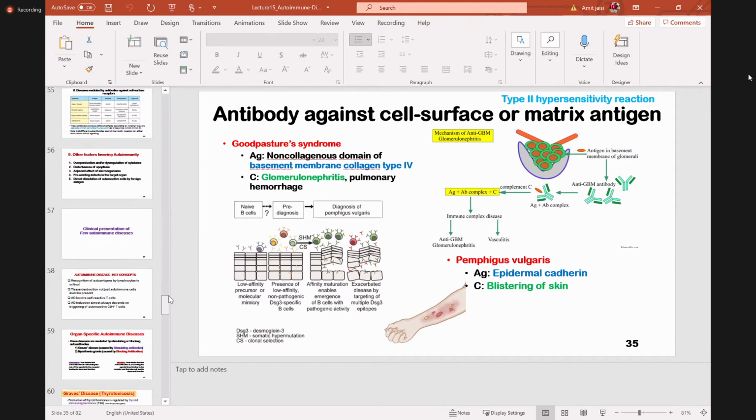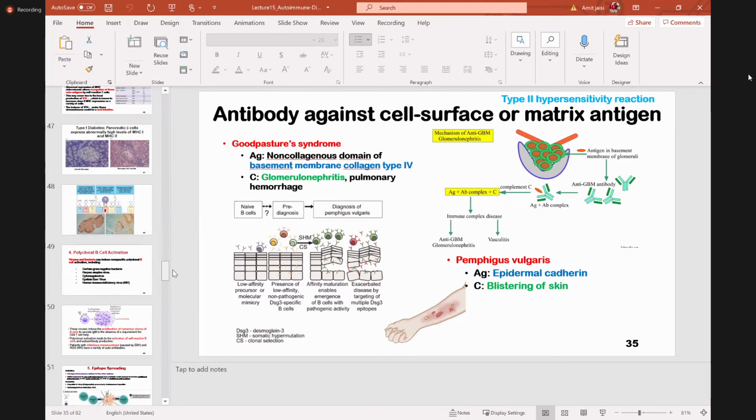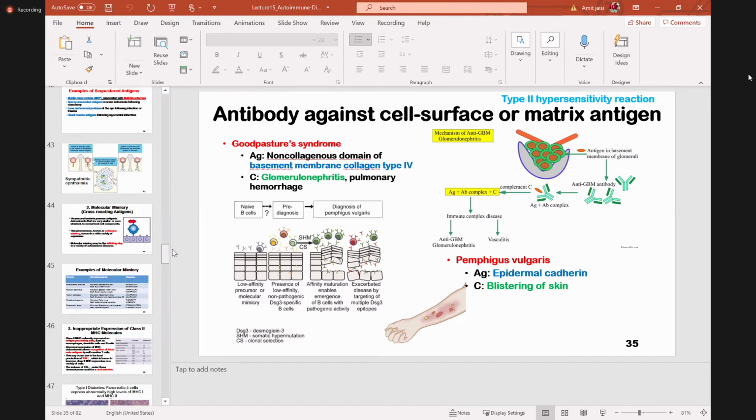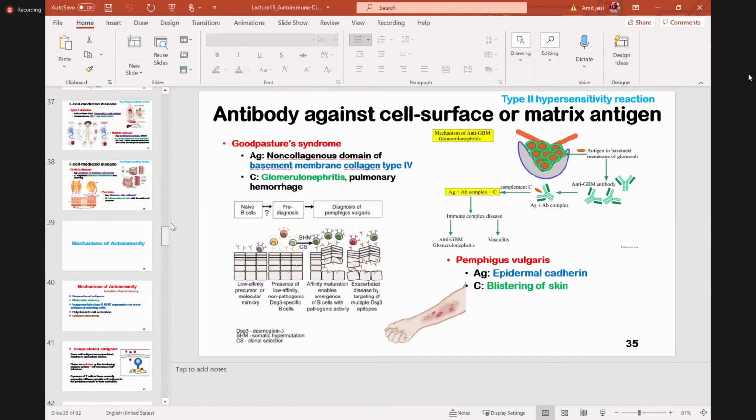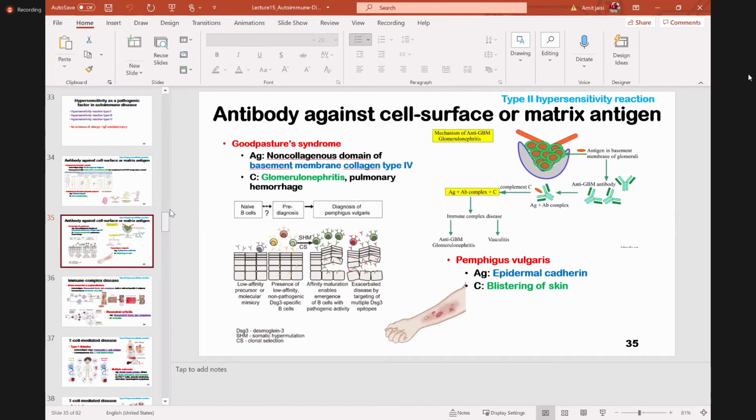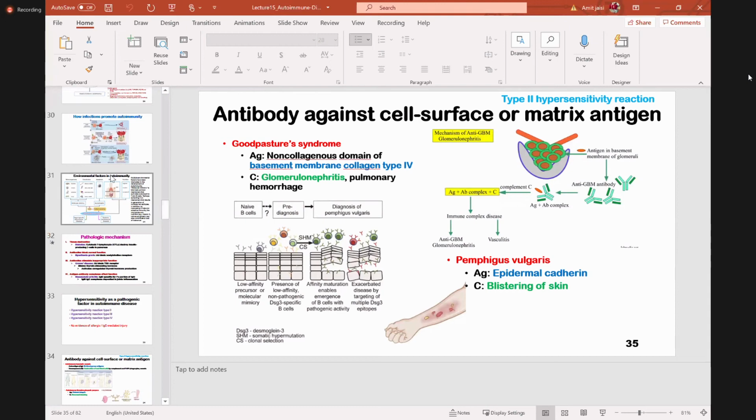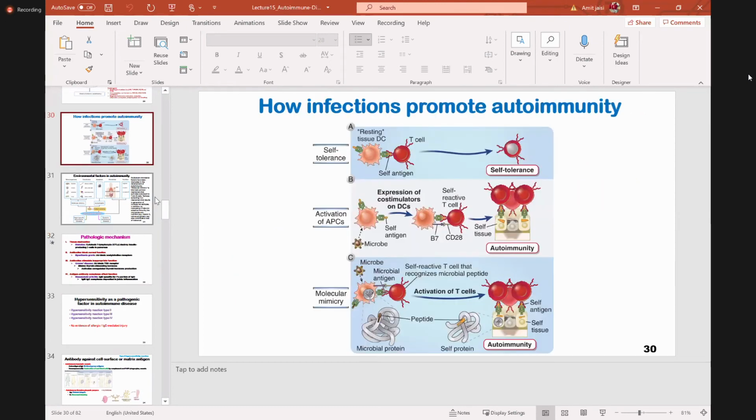I have classified them so that you can understand, but if it complicates things, do let me know which part you did not get. And how does infection promote autoimmunity?